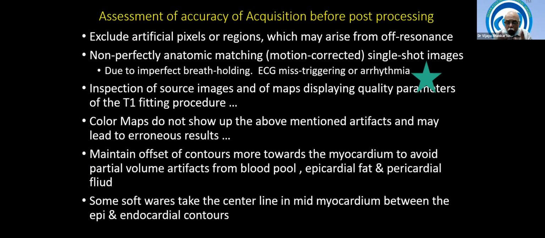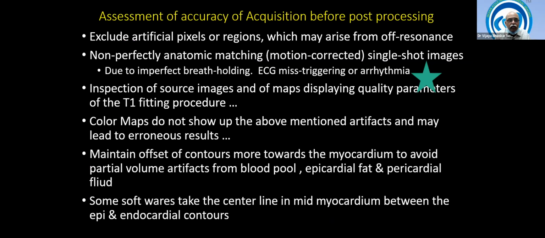I've told you about MOLLI and how to acquire in diastole. Again, the MOLLI sequence is a single breath hold sequence. Once you acquire, look at the accuracy of the acquisition. That is very important.